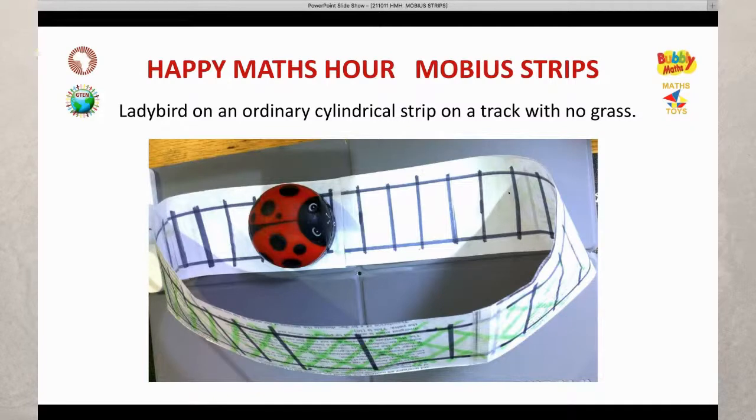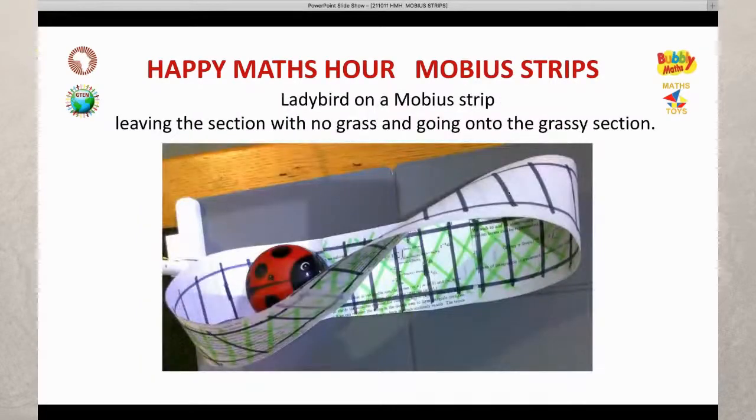If you imagine him going around to one of the ants, he doesn't get onto the grassy side of the track at all. But here, you see, he is just about to cross over.